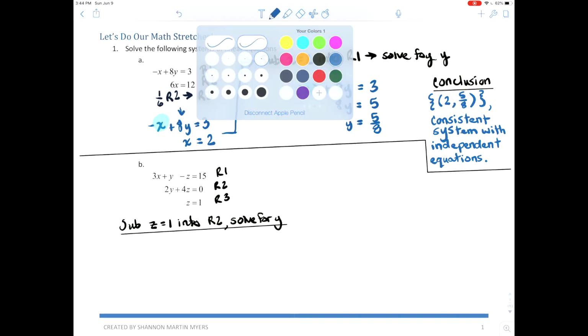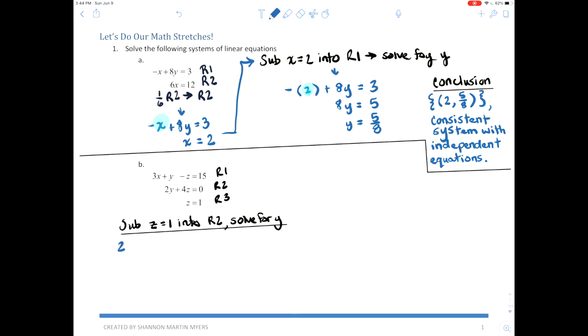Alrighty, so putting that into practice, we'll have 2y plus 4 times 1 is equal to 0. So then we'll get 2y is equal to negative 4, and y will equal negative 2. So all I did was I had my z was equal to 1, so I plugged it in here and here. Now, the next step will be going into row 1 and back substituting what we got for y and z so we can solve for x.